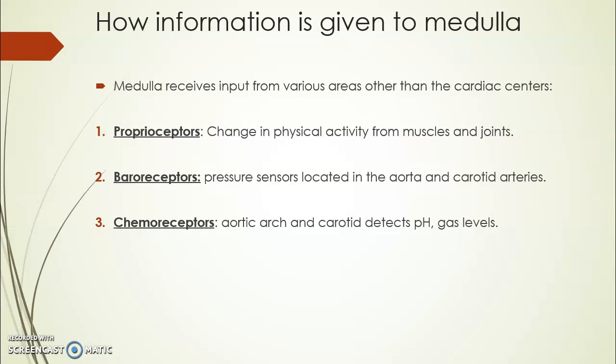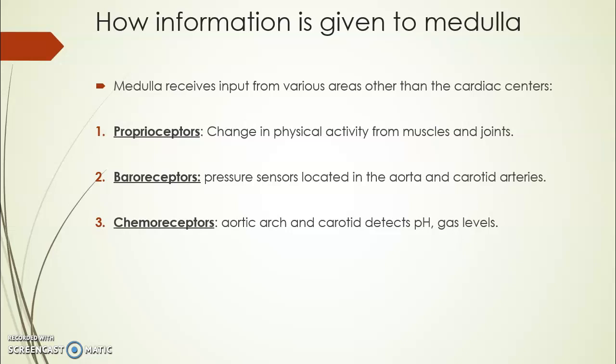If it needs to be adjusted, it will actually act on the kidneys to potentially release some fluid so the volume of the blood stays constant. So baroreceptors are going to be found in the aorta as well as the carotid arteries, which we will talk about with vessels.